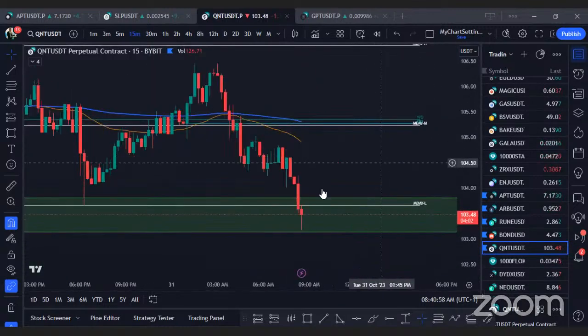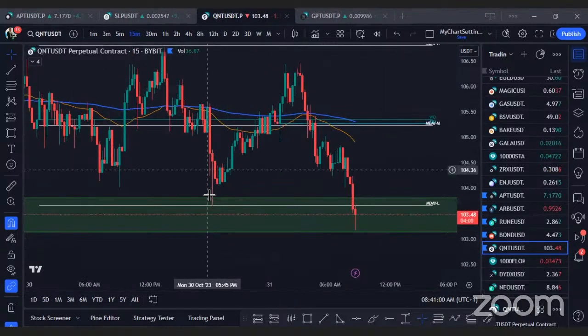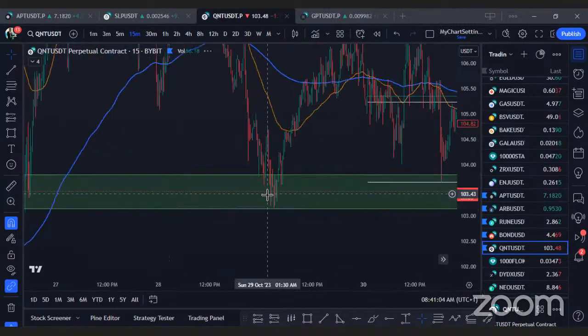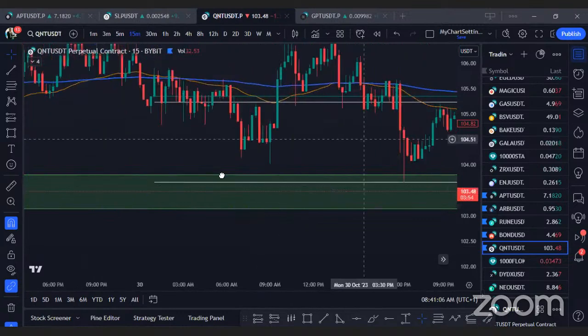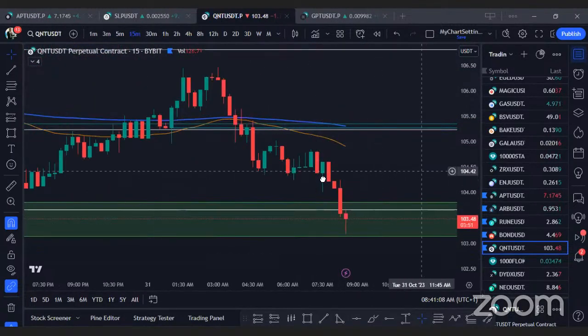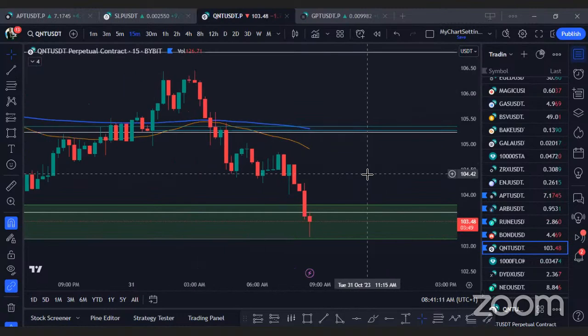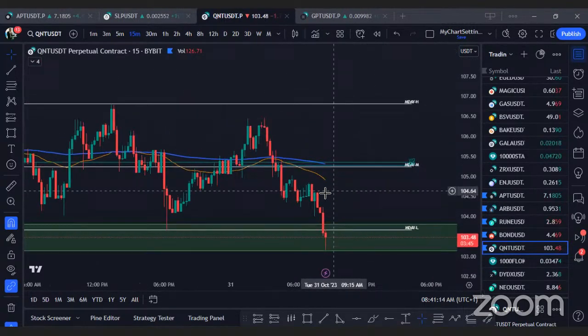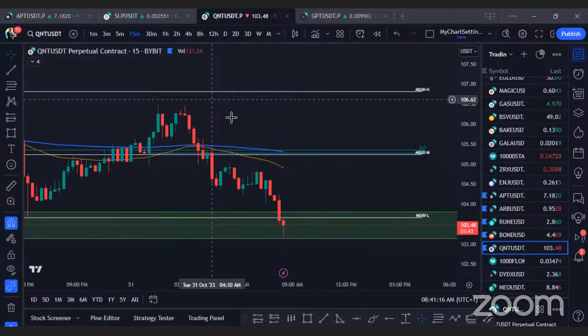Remember, we've rejected here multiple times. If this rejection holds this time around, then it could be a good time to take a trade to the upside. So let's see how this candle closes, and then we can take a trade from there.